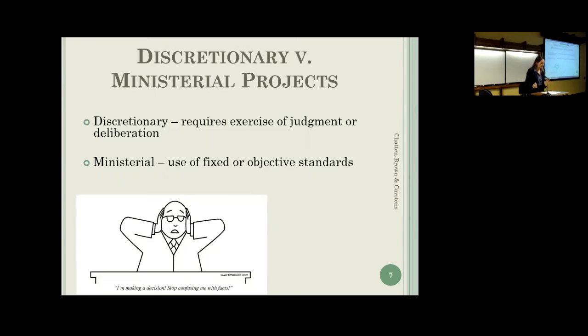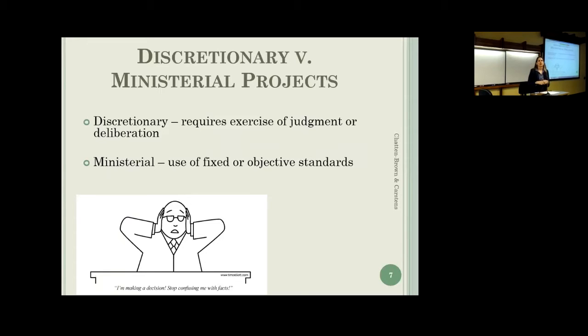So Susan talked a little bit about the tension in cases as far as what is discretionary and ministerial when it comes to historic preservation and demolition permits. And just a general definition of discretionary versus ministerial. Discretionary is a project that, when being approved, the lead agency needs to exercise some type of discretion, has the ability to exercise its own judgment.